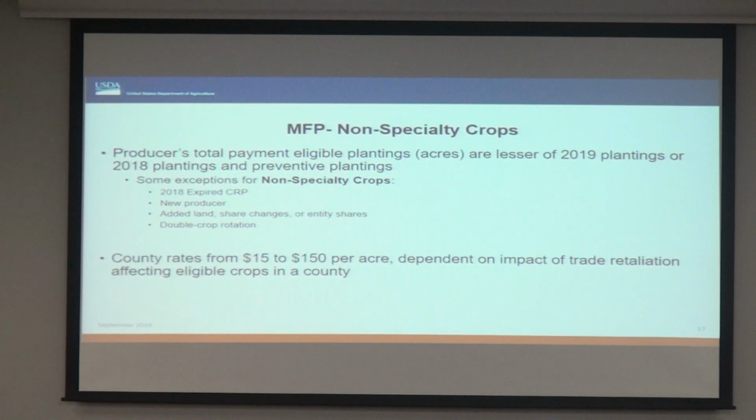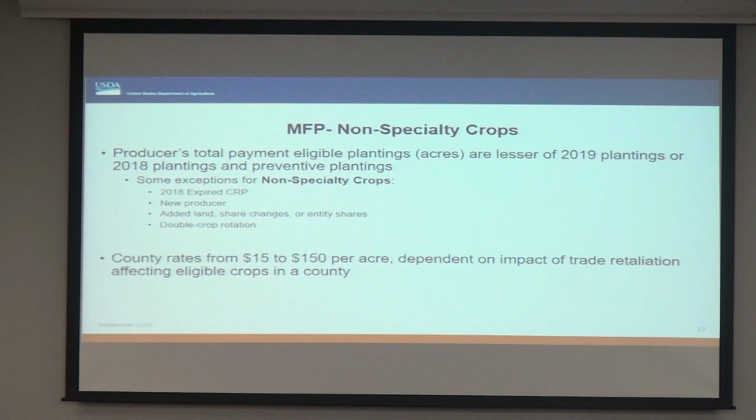For a new producer, you're going to look at the prior producer that had the farm in 2018 and compare that acreage report for 2018 versus 2019. Also, any added land, share changes, or entity changes, and then any approved double cropping rotation could increase the acres for 2019 as opposed to 2018.